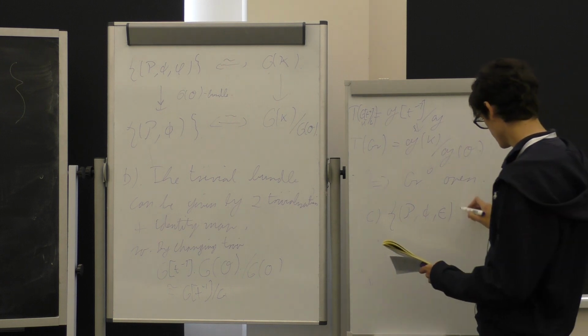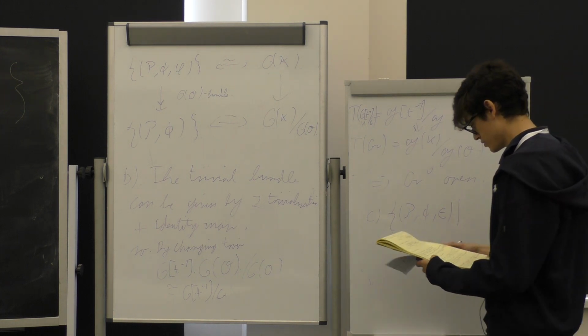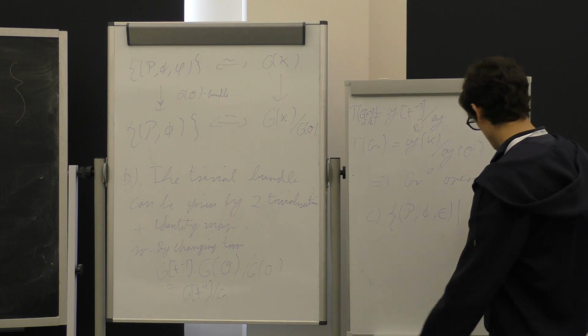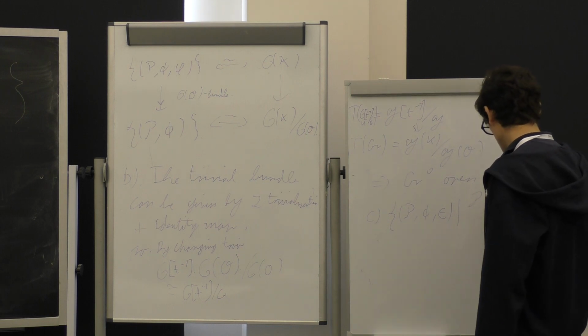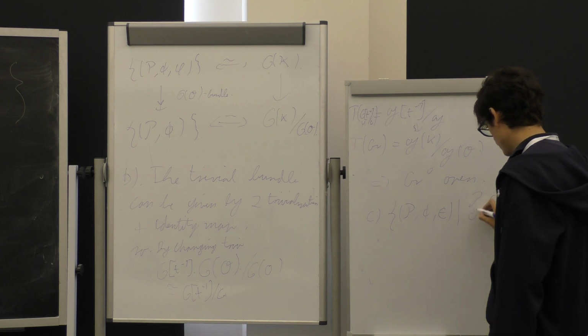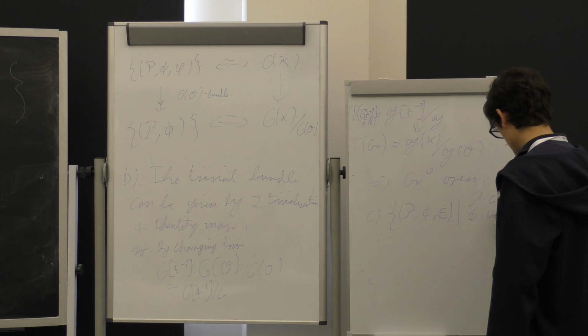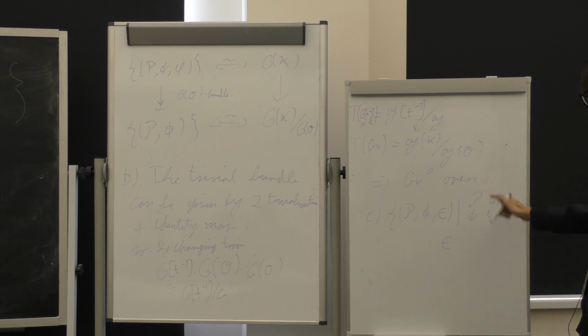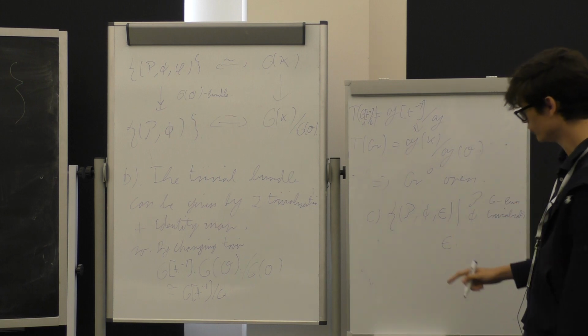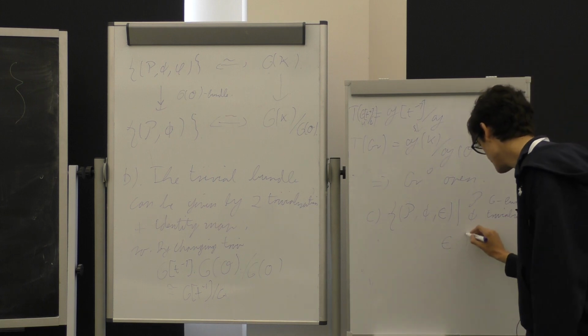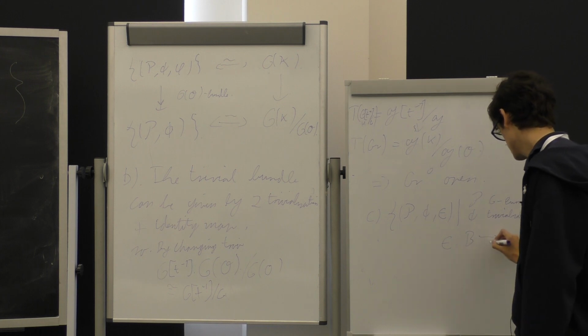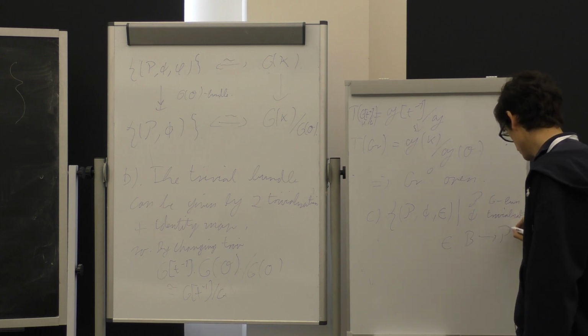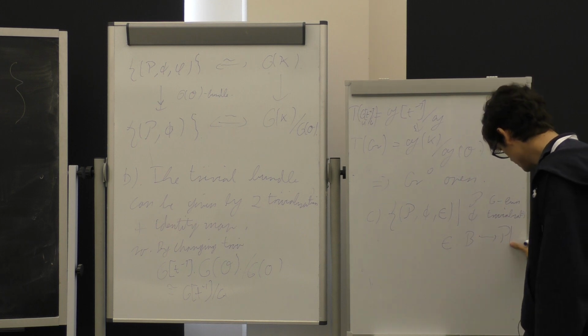So that means a P G bundle, phi a trivialization, and E is a reduction to P structure of P reduced to the point. So that is a map from B to P restricted to little x, that is.